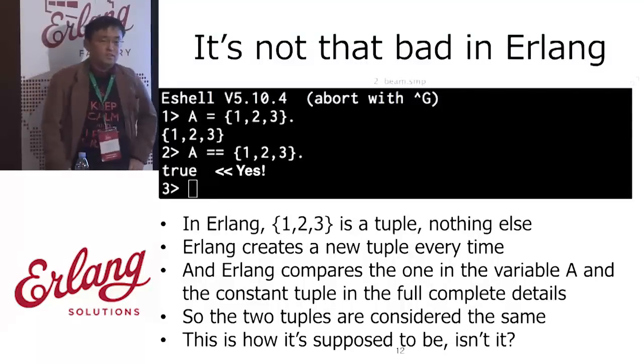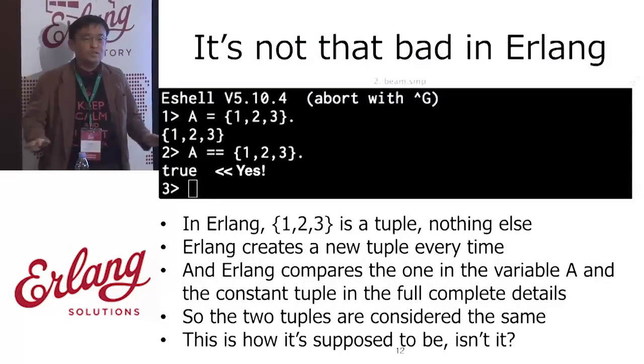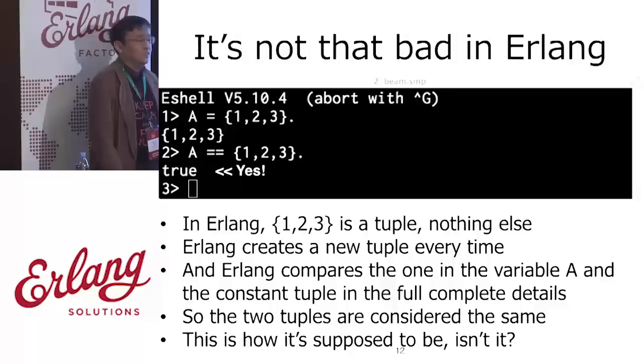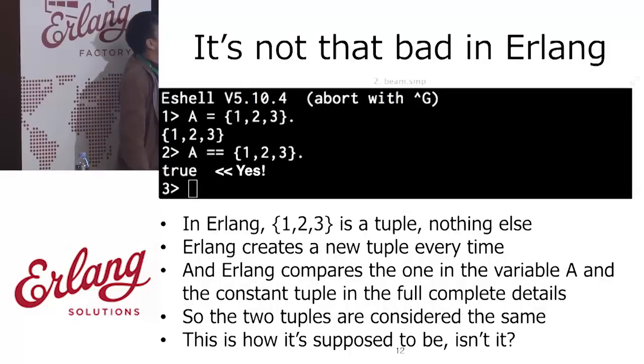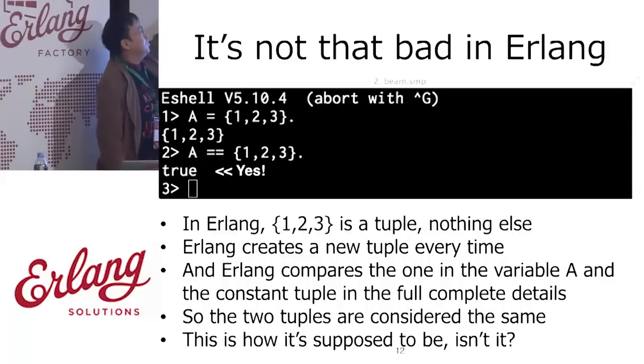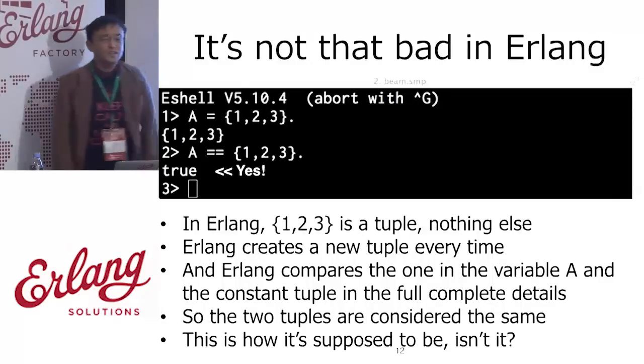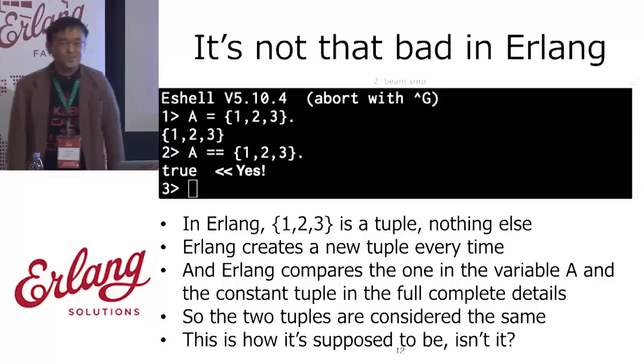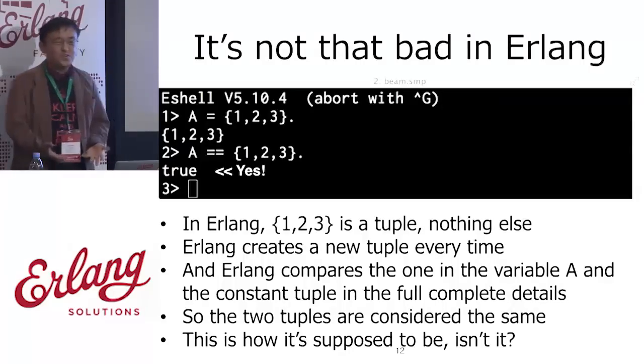And now Erlang, sorry about making you wait so long, but Erlang is not that bad. If you say {1, 2, 3}, you get {1, 2, 3}. And if you try to compare A = {1, 2, 3}, it's true. Why?